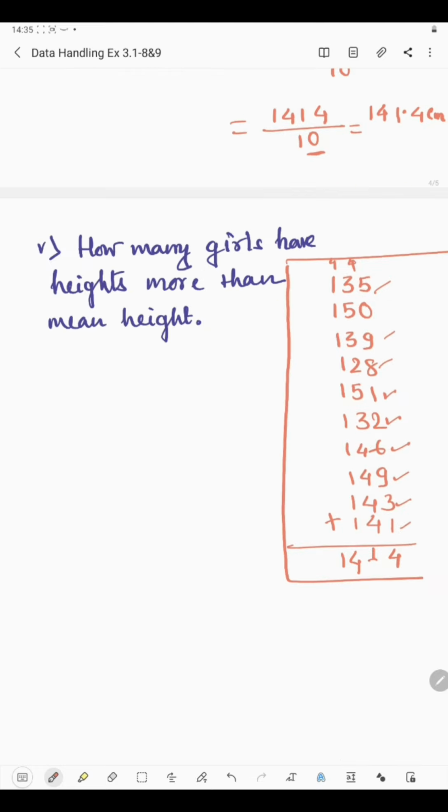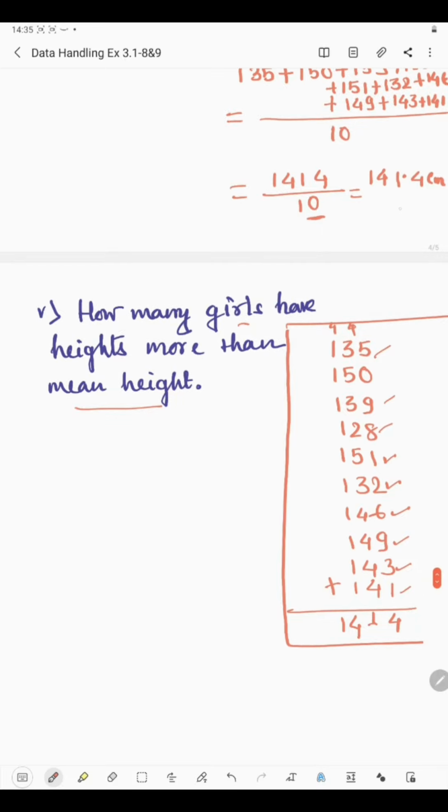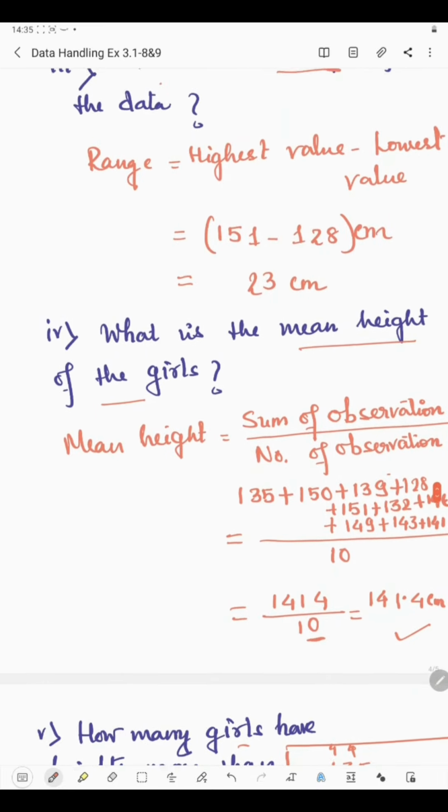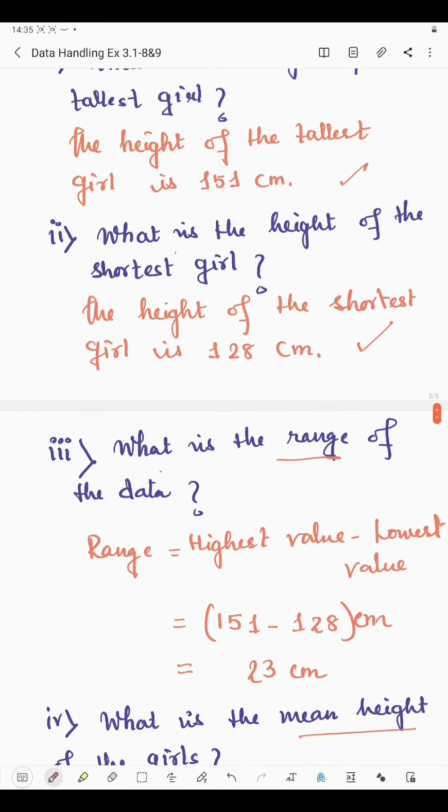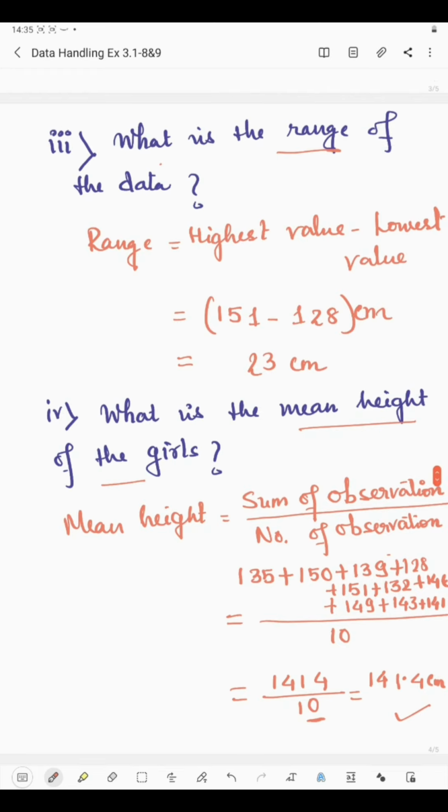Now in the last part we have how many girls have heights more than the mean height. The mean height is 141.4 centimeters. So we need to find how many girls have more than this value. Let us check how many have got more than 141.4.